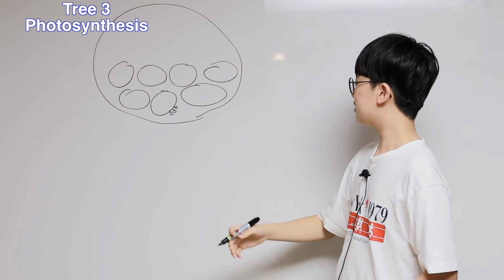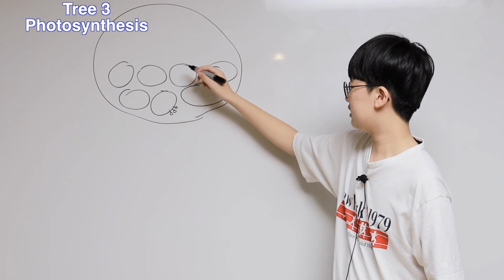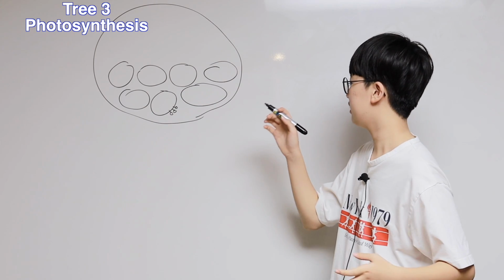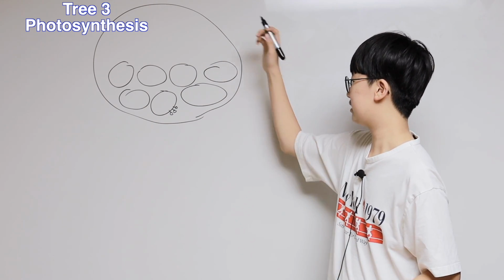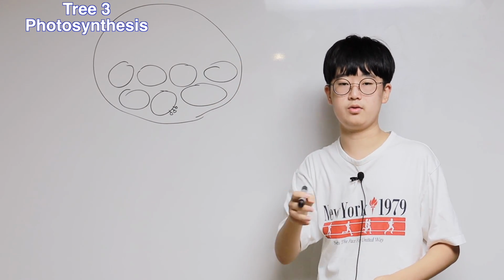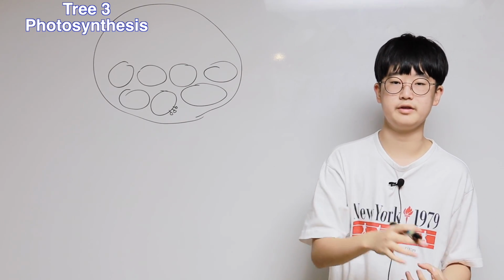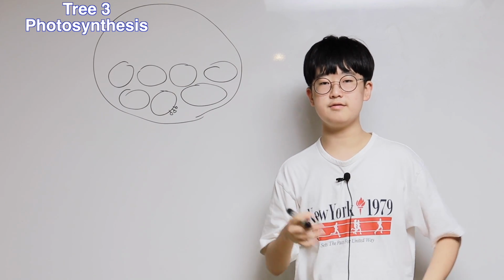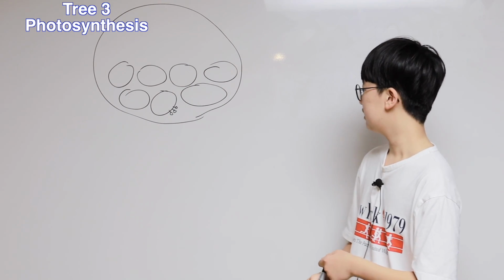And because these thylakoids are covered in chlorophylls, and the chloroplast is full of thylakoids which are covered in chlorophylls, they look green, and that's why plant leaves and stuff are green.